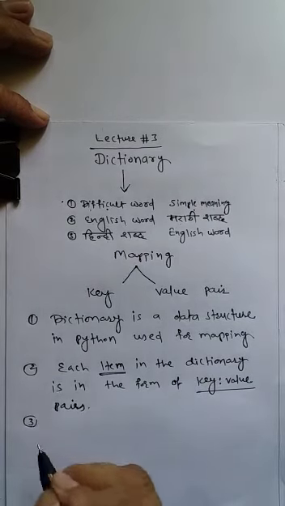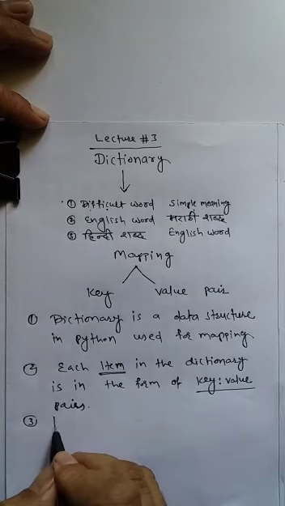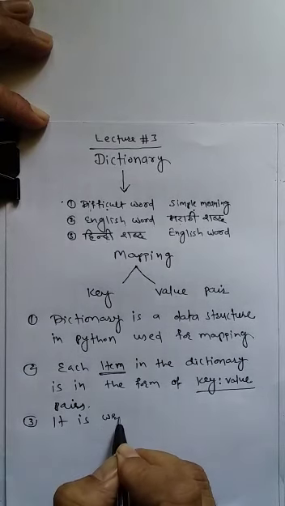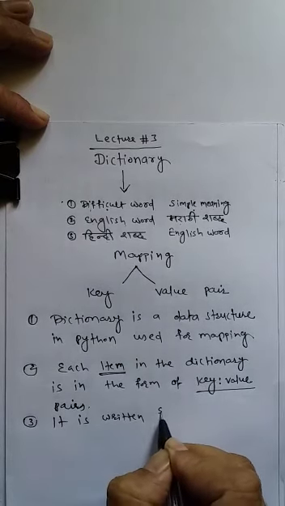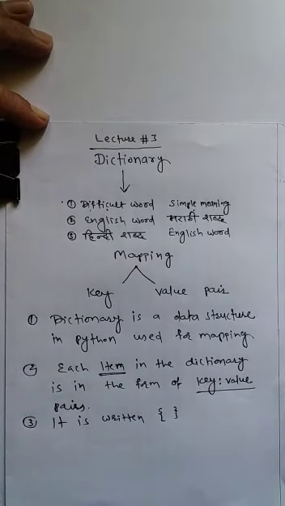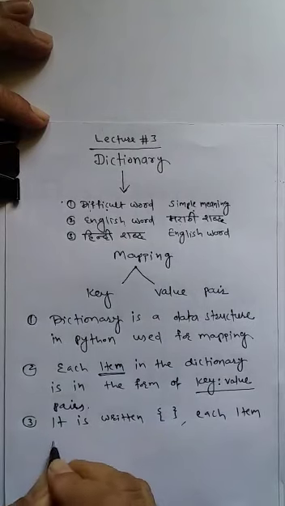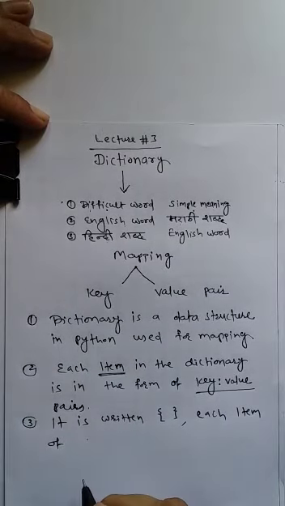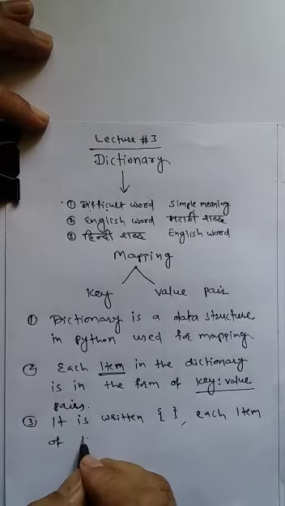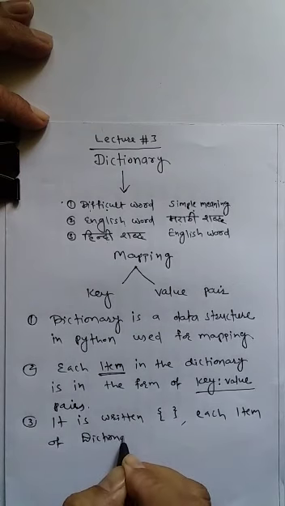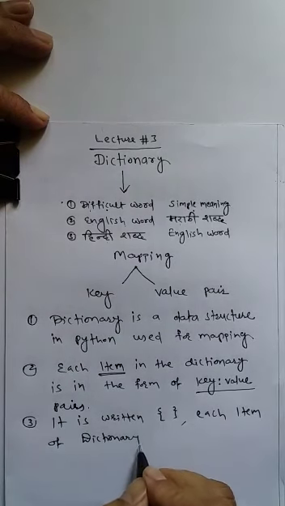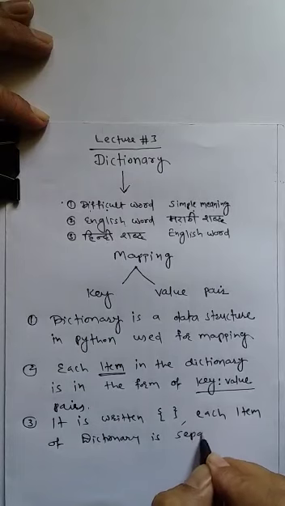And the third important point about the dictionary is that it is written in curly braces. And each item of the dictionary is separated by a comma.